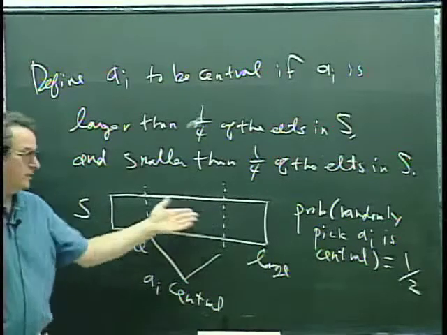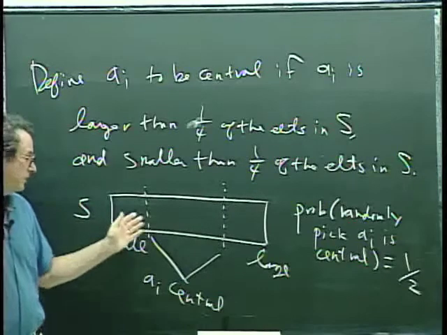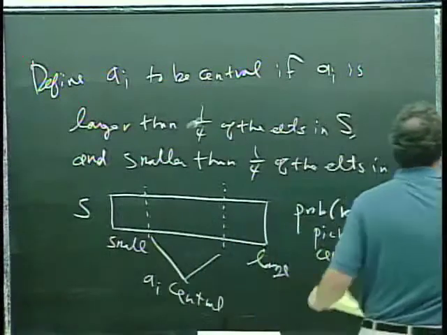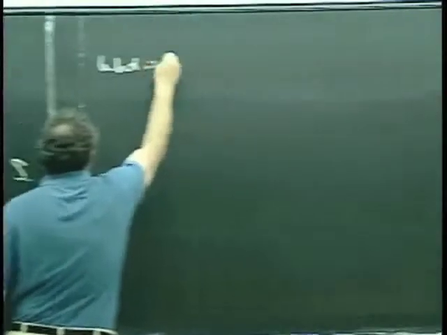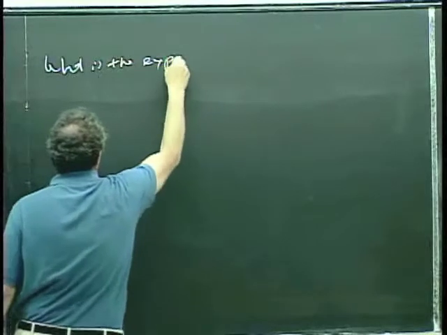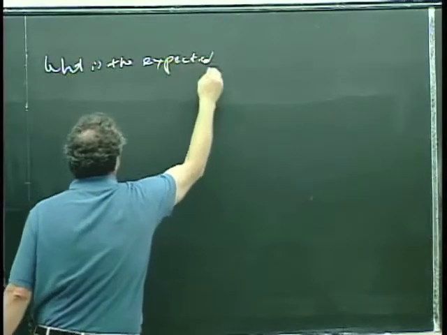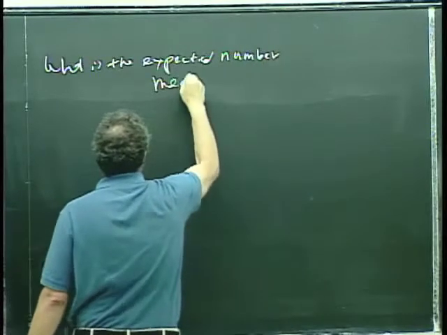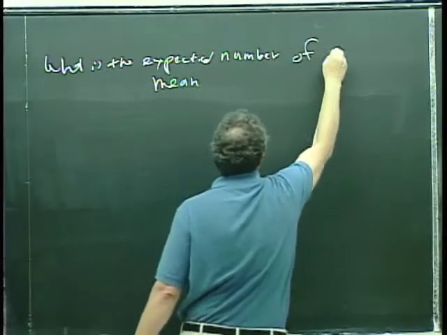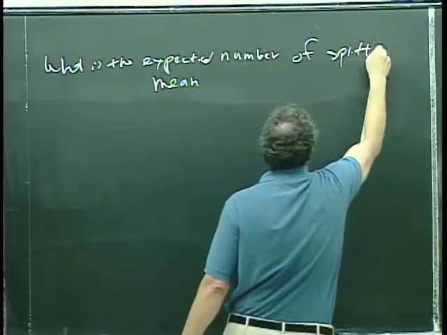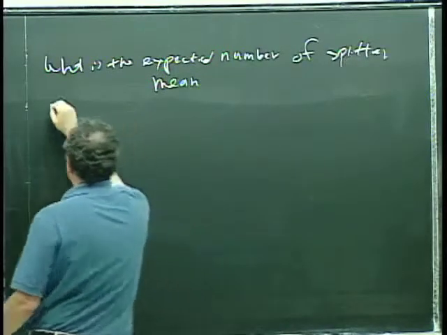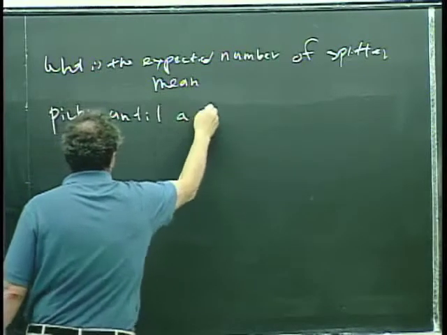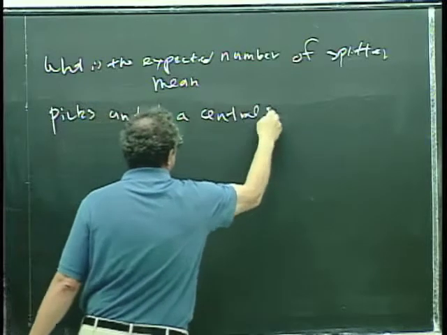If the splitter is central, we call that a success, and if the splitter is not central, we call that a failure. So now what we can ask is: what is the expected number, or the mean number, of splitter picks until a central splitter is found, or picked?